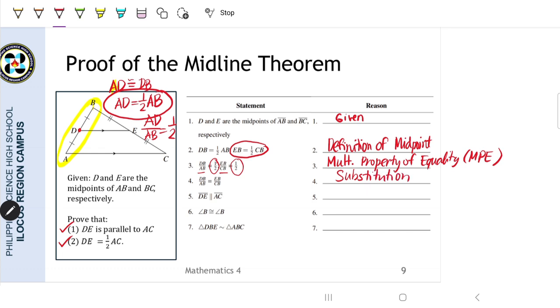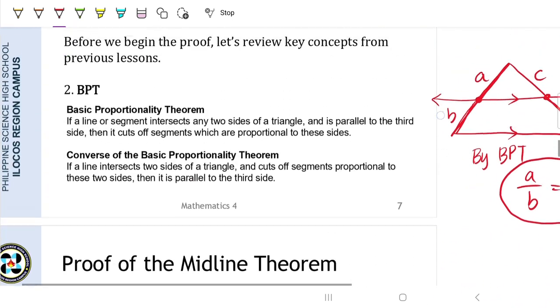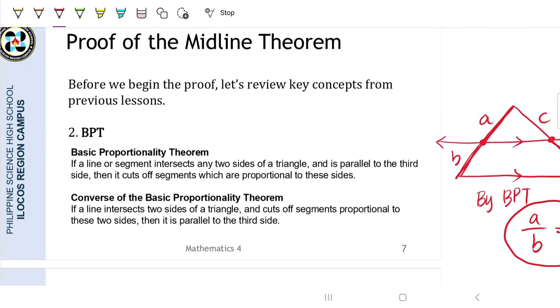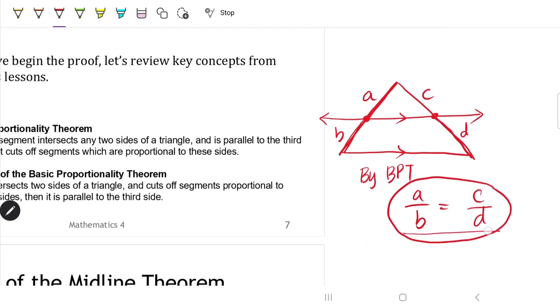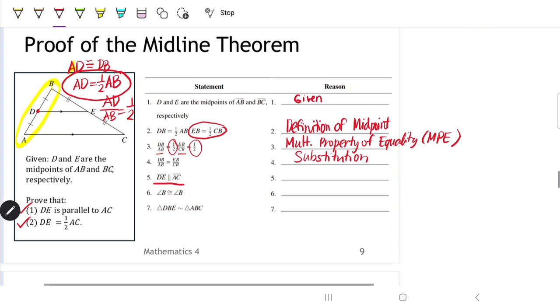And for number 5, finally we can say that DE is parallel to AC. Why? So if we go back to our BPT, so particularly the converse of the BPT, no? So since napakita natin itong proportion na to, we can say that the line is parallel to the third side. So nasaan yun?